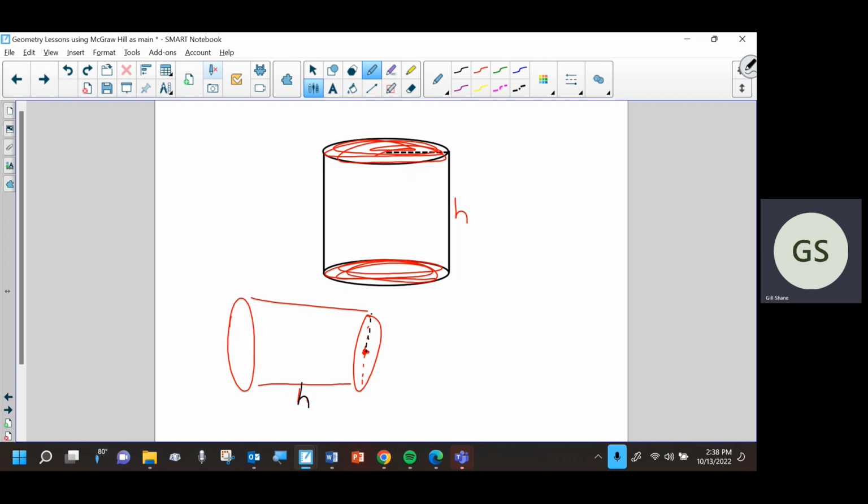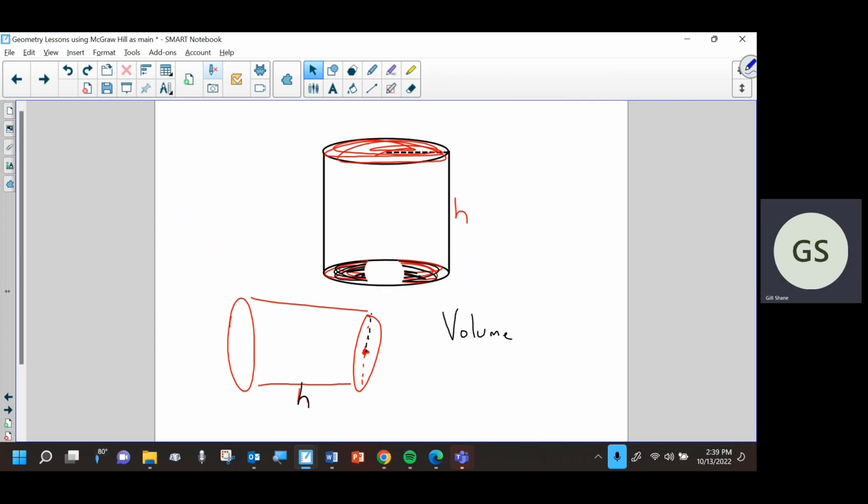Again, we could still use the same principle for volume. If I just know the area of this base, and then I stack a whole bunch of circles, like think of pennies, basically, every time I stack another circle, I'm just going to add that volume to the area of that base.